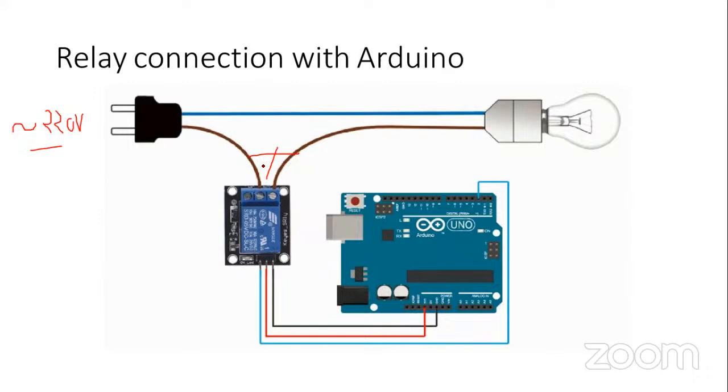So now we are going to move ahead. Now what we are going to do over here is make the circuit on Tinkercad, and check how the relay is working.